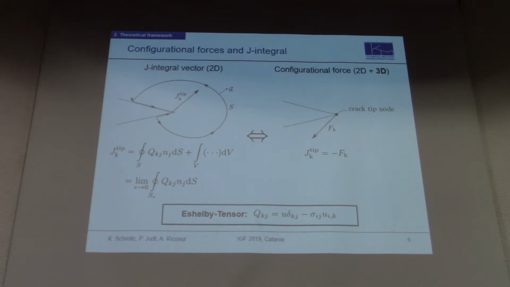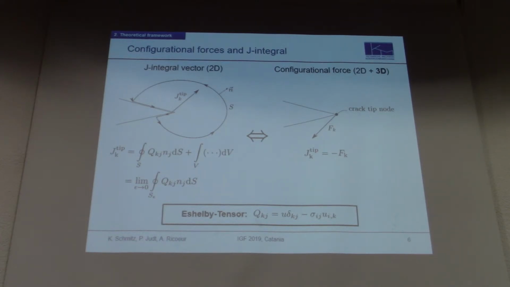When we now shrink this contour towards 0, to the crack tip, we can use this formulation to calculate a J integral vector at the crack tip. This is fine for two-dimensional cases, but it doesn't work that easy for three-dimensional cases.